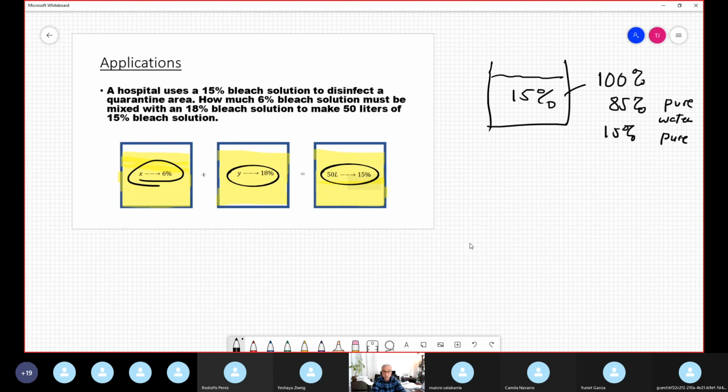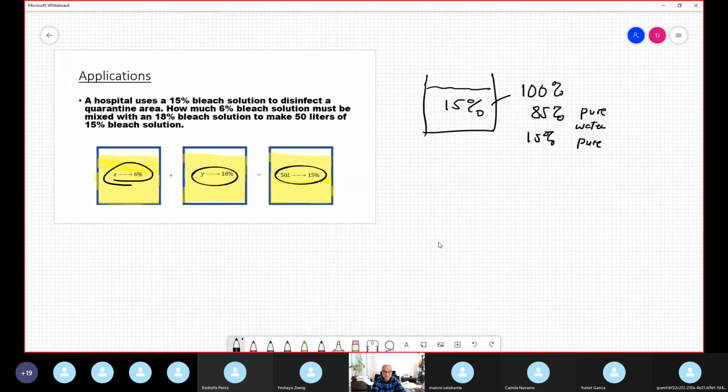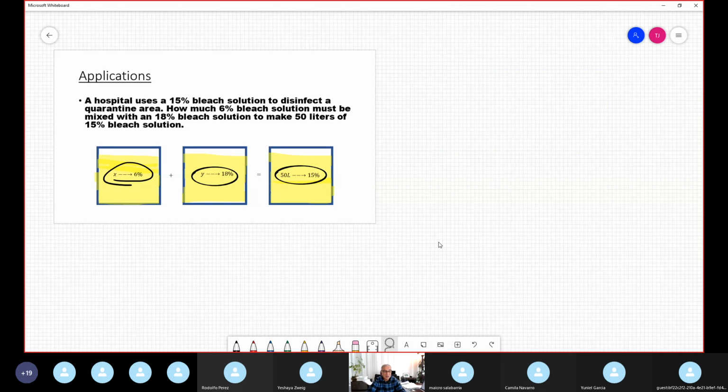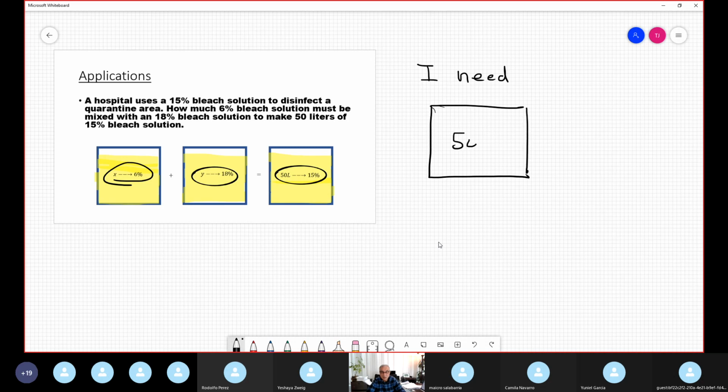Do you understand what the problem needs? Yes or no? No? Not clear? Come on. Okay. This container has 50 liters of the 15%.